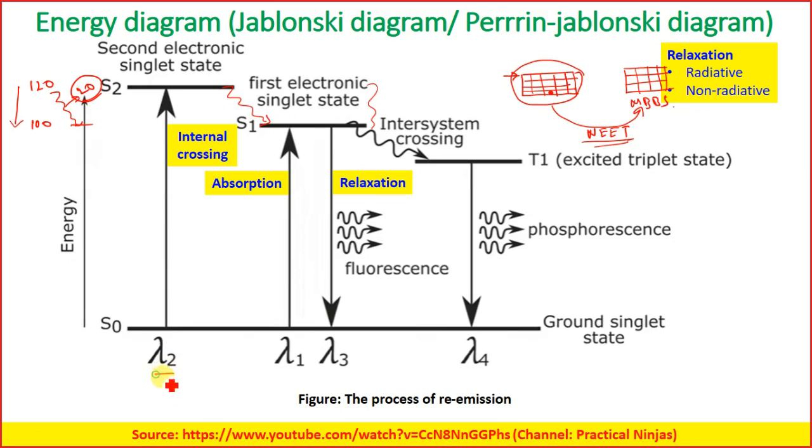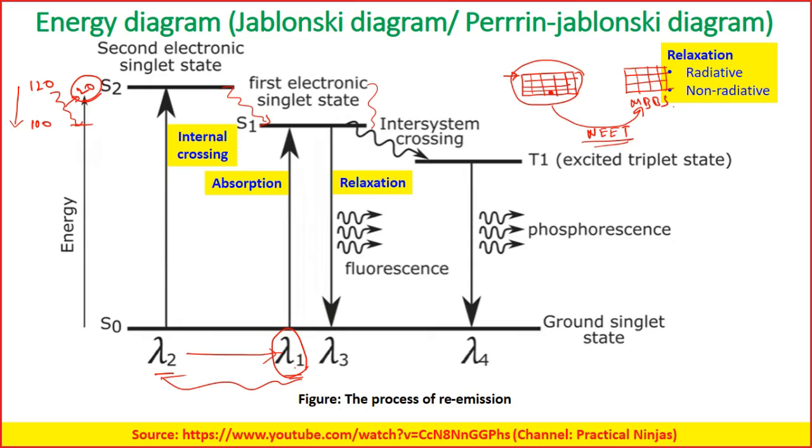When I was talking about lambda 2 and lambda 1, there is a change in the wavelength. So it is losing the energy, and while losing the energy, the wavelength is changing. Am I clear now? Have I been able to clear your doubt?